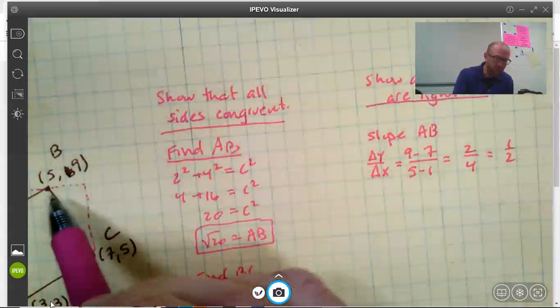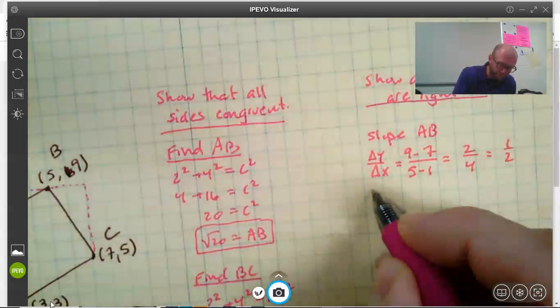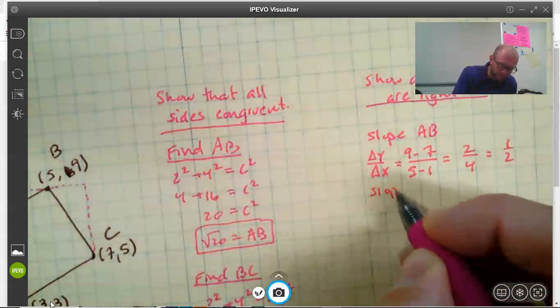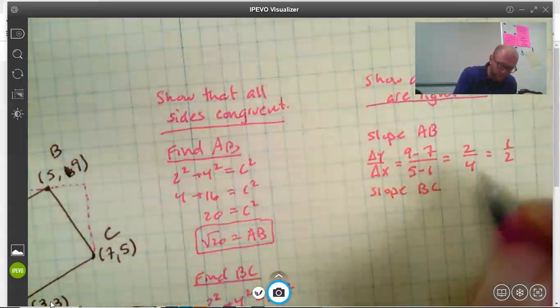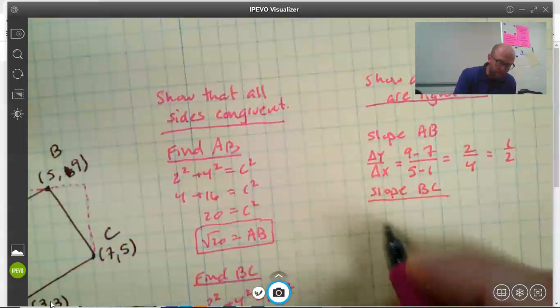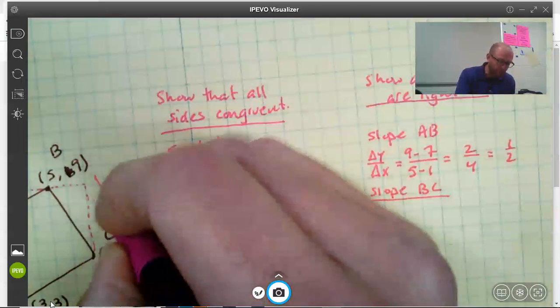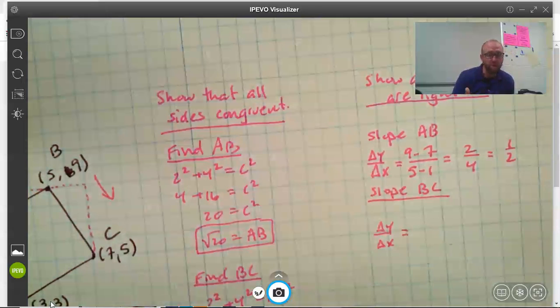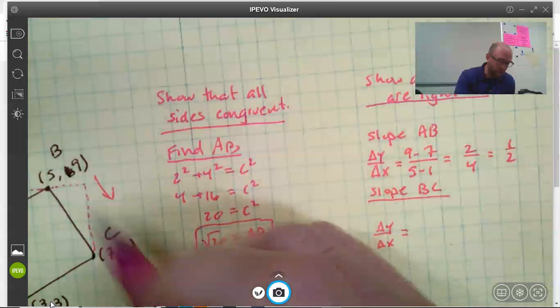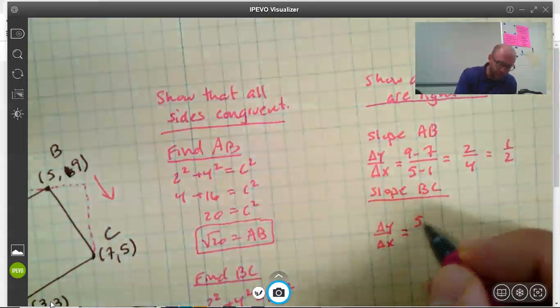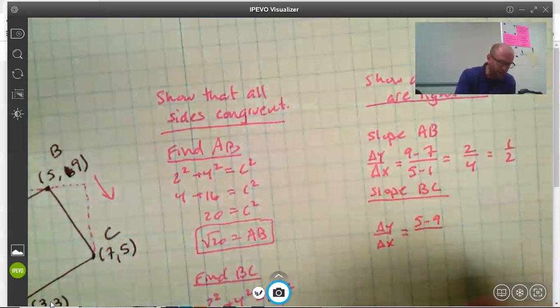Next, we're going to do the slope of BC. So I've got my change in y over my change in x, and this time we'll go this direction, although it doesn't really matter. So change in y is 5 minus 9, end minus start equals change.